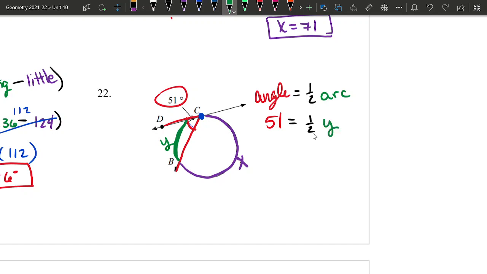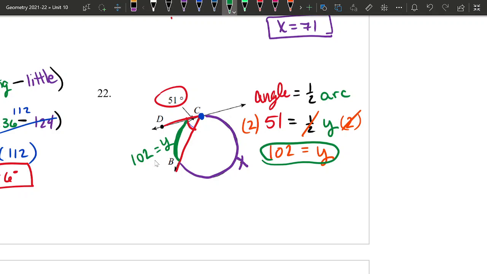It's better just to have a single letter. So I can figure out what the value of y is by multiplying by 2. I'll cancel the half. If I do it on one side, I have to do it on the other. So 102 equals the value of y. So now I know the arc measure, that y equals 102.